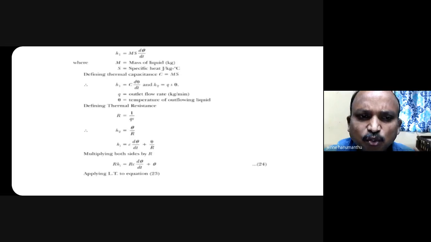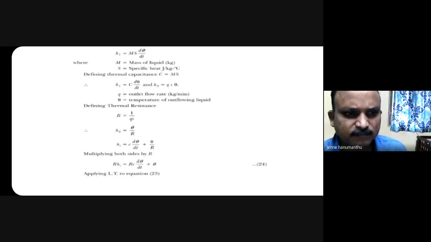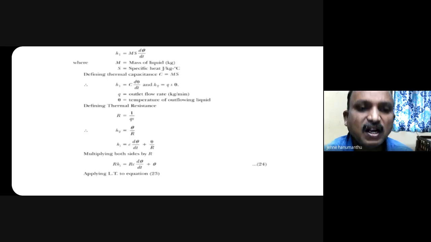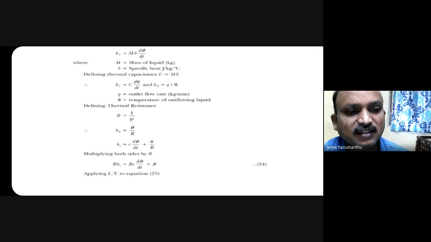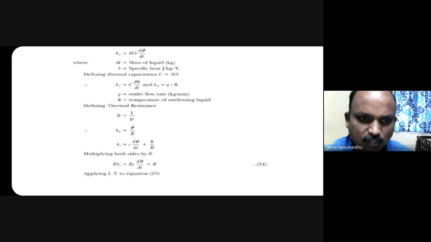Resistance comes through some control wall, the wall where we control the flow rate, and that gives us the resistance value, and the capacitance comes from the surface of the water in a tank. So that gives us two parameters, resistance and capacitance. Here also, for the thermal system, we define thermal capacitance and thermal resistance.